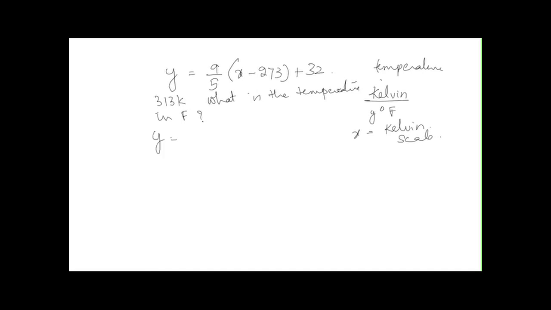So y equals 9 by 5 into 313 minus 273 plus 32. This one is how much? 40, ma'am. 9 by 5 of 40, plus 32. 5 8s are 72, plus 32 is 104, ma'am. So your answer is correct.